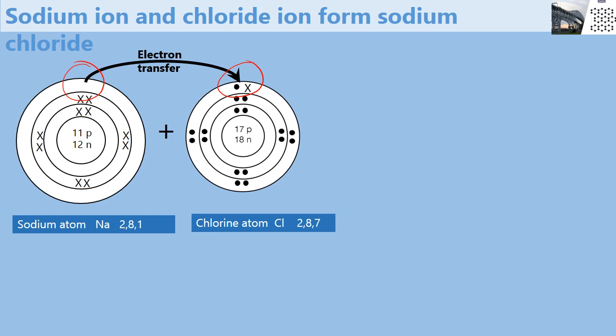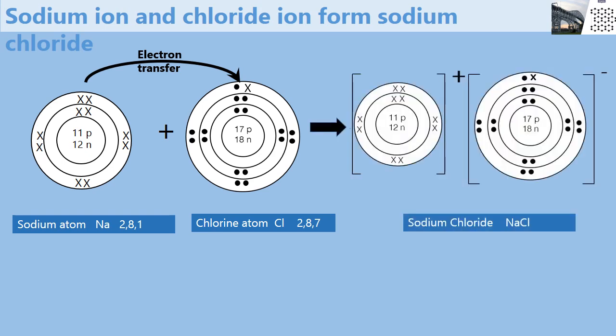Now sodium does not have any electron in the outermost energy level, and therefore we do not need to draw it. Now you remember how to calculate the charges and write the resultant ions. So for this case, we'll write sodium chloride as follows.